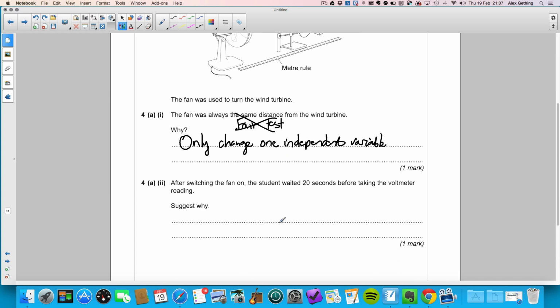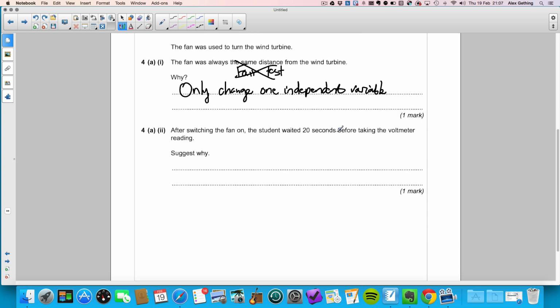2, after switching the fan on, the student waited 20 seconds before taking the voltmeter reading. Suggest why they did that.